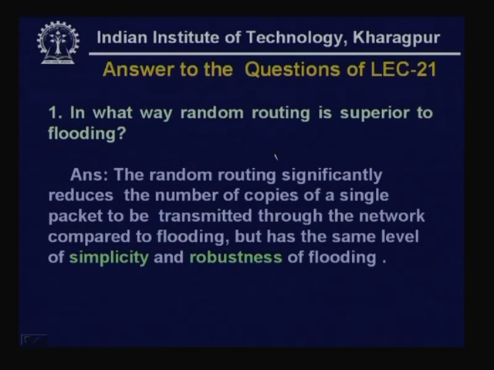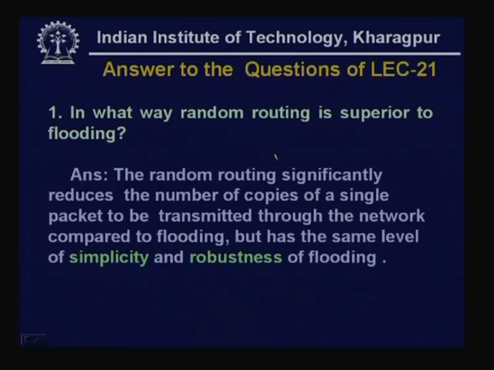Now let us give you the answers to the questions on lecture number 21. First question was, in what way is random routing superior to flooding? As we have discussed, random routing significantly reduces the number of copies of a single packet to be transmitted through the network compared to flooding, but has the same level of simplicity and robustness of flooding.